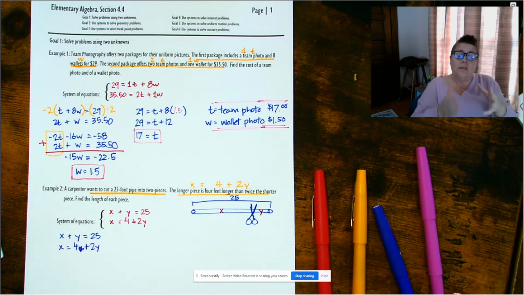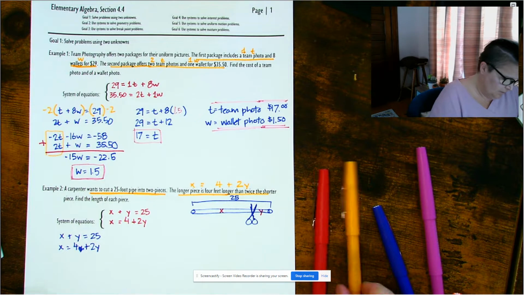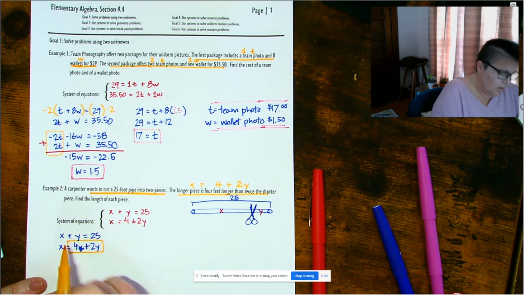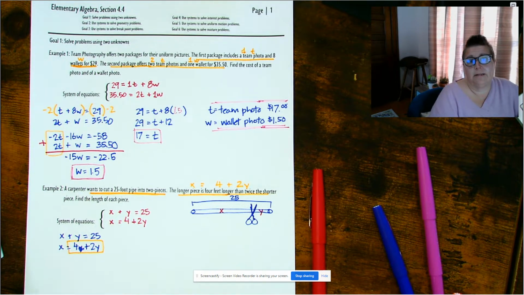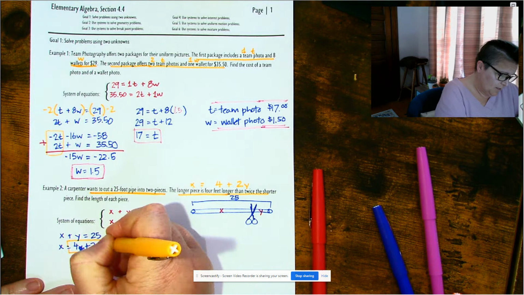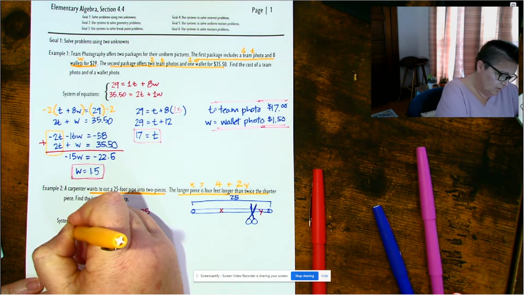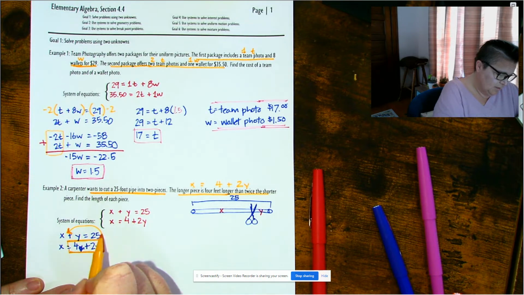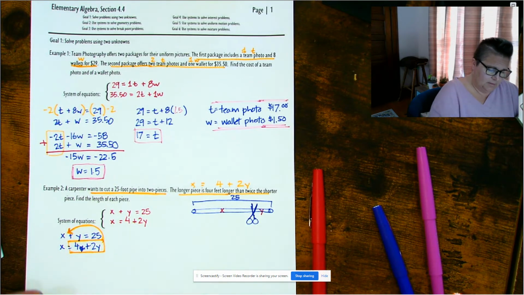With these two equations, I need to determine if I want to use elimination or substitution to solve this system. It's already solved for x. Since it is already solved for x, I'm going to go ahead and use substitution. And I'm going to put what's in this box in for the x.